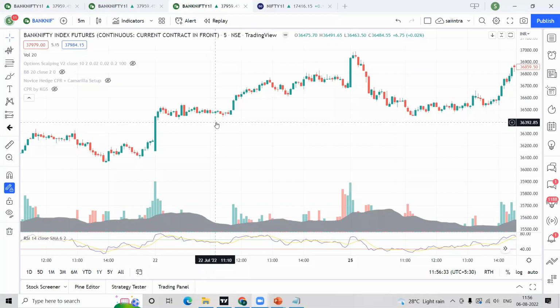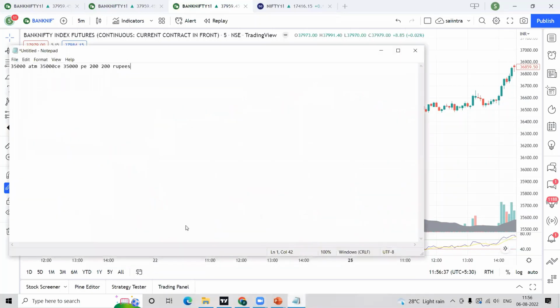So first of all, as an options buyer, we need 2 things. We have to be very clear. First thing, getting the direction right. Second thing, momentum being in our favor. Why is momentum so important?